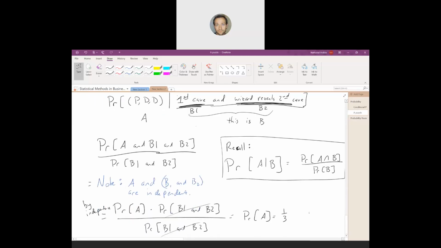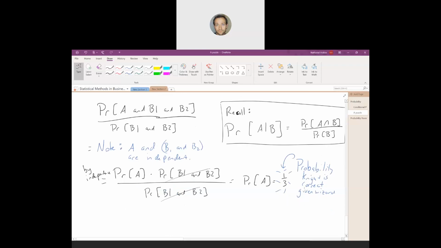So the probability of the knight being correct, given the wizard, is 1/3. Which means that the probability that the knight is wrong given the wizard is 2/3.